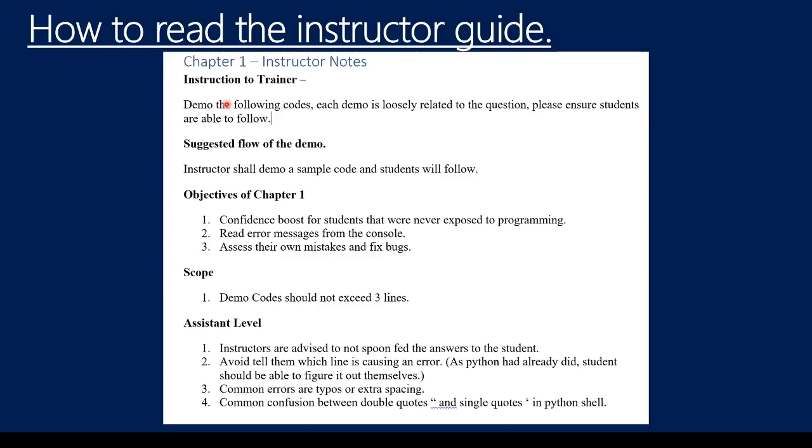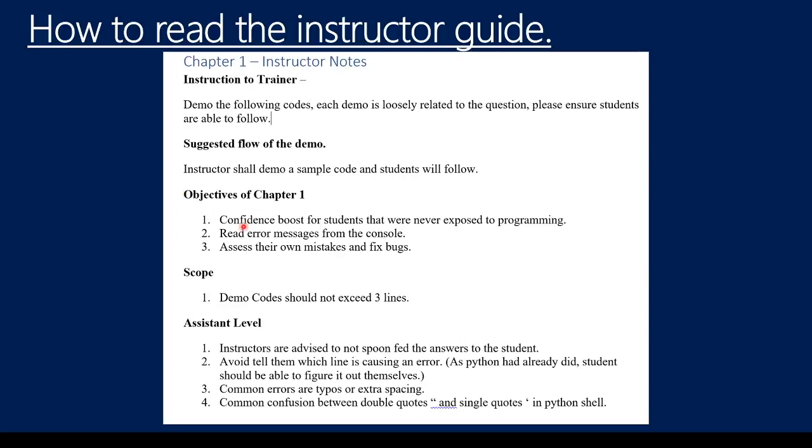For this chapter, it tells you to demo all the codes, which are all related to the question, so please ensure that the students are able to follow. There's always a suggested flow for a demo because some chapters might be different, but for this chapter, you demo a sample code and ensure that at the end of each demo, the students are able to follow.